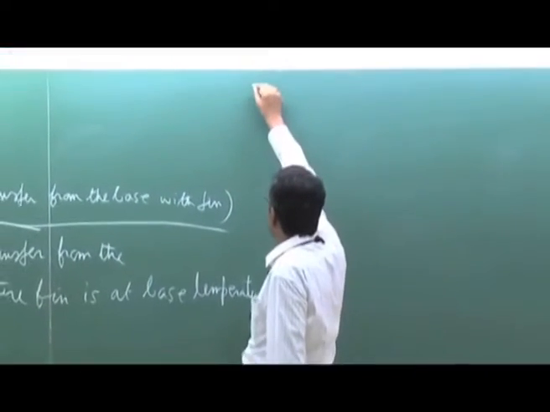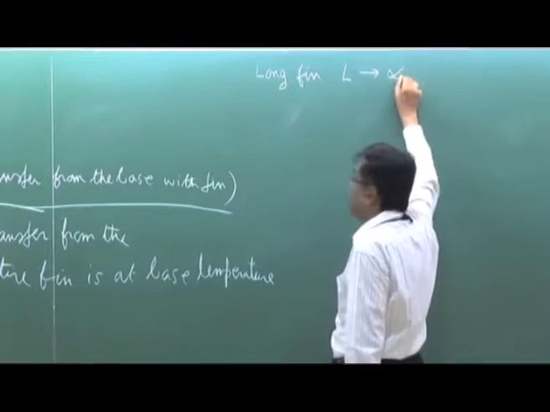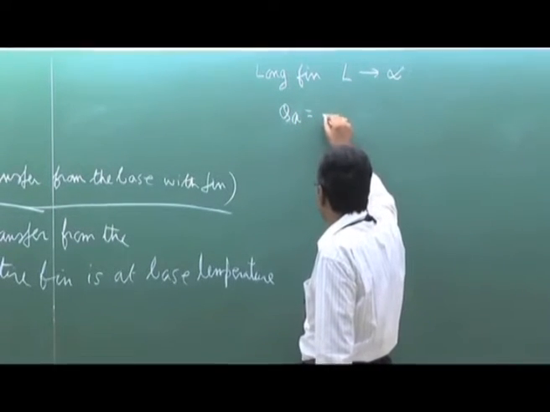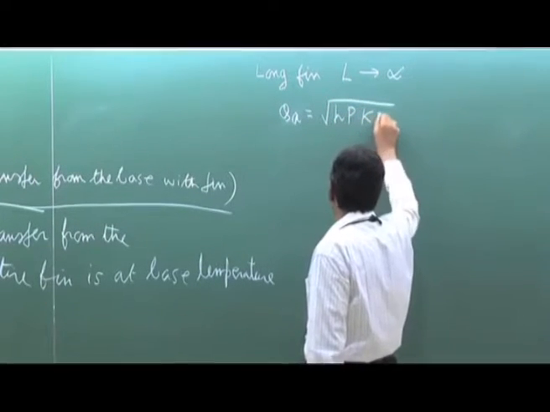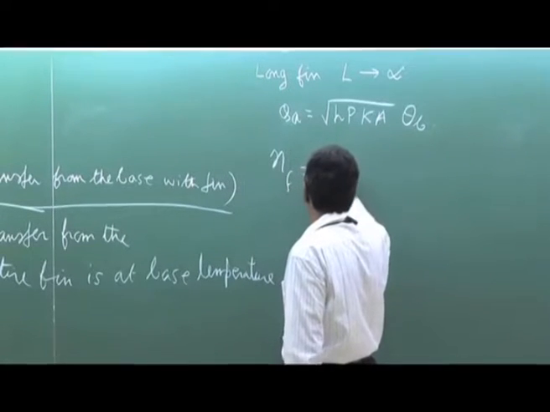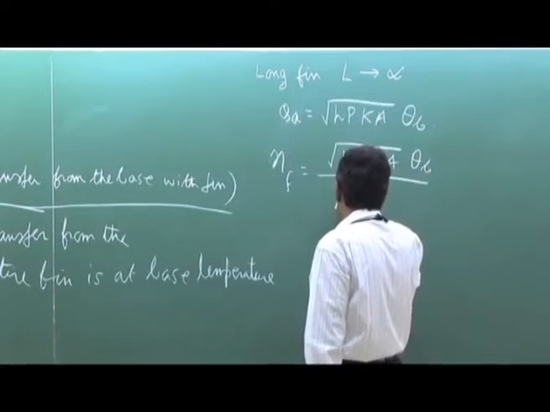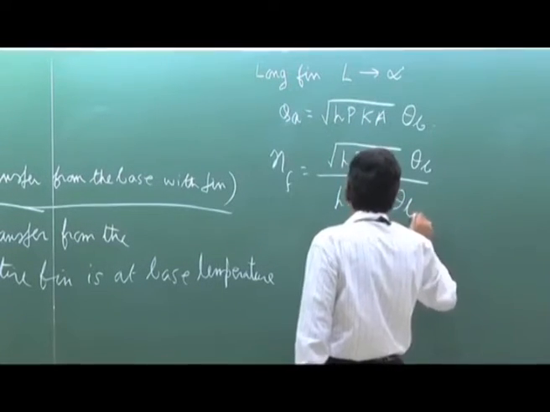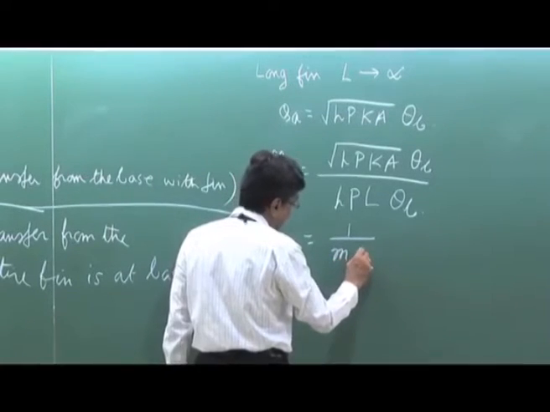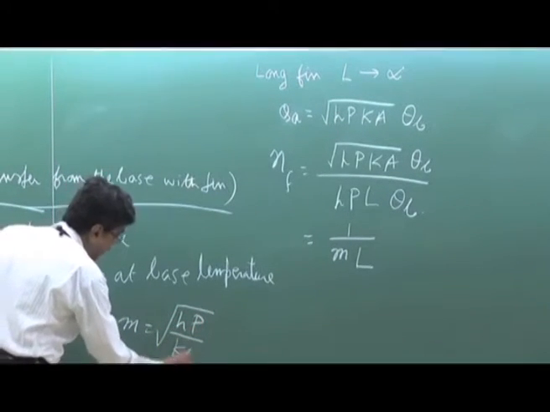If you take a long fin, where the fin length L tends to infinity, very large length, we know that QA is equal to root over hPkA theta B. So therefore, in this case, eta F is equal to root over hPkA theta B divided by hPL theta B, and if you cancel it, this becomes 1 by mL, where m is given by our nomenclature as root over hP by kA.